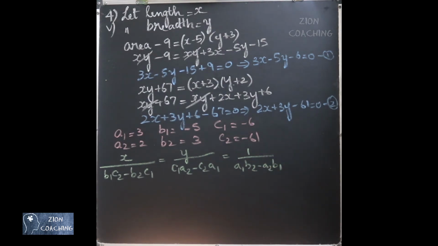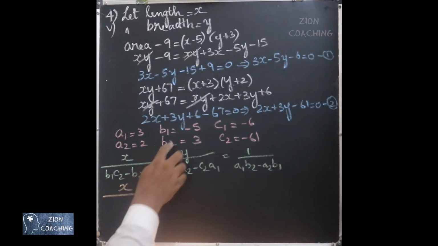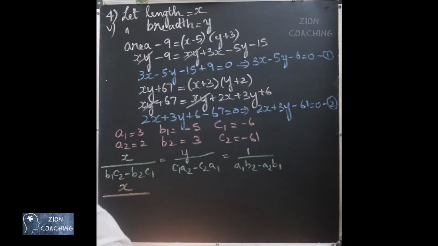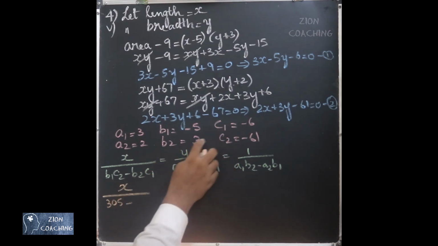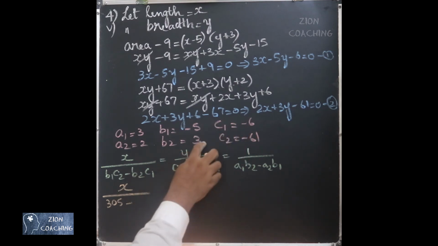Substituting the values, we get x by b1 into c2, minus 5 into minus 61 is plus 305, minus b2 into c1, that is 3 into minus 6, that is minus 18.